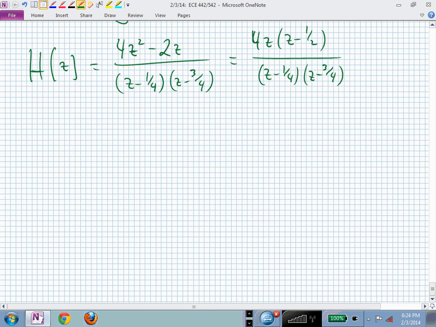Is that system stable? If that's a system, where are your poles? It might not be stable, but this transfer function is, isn't it?